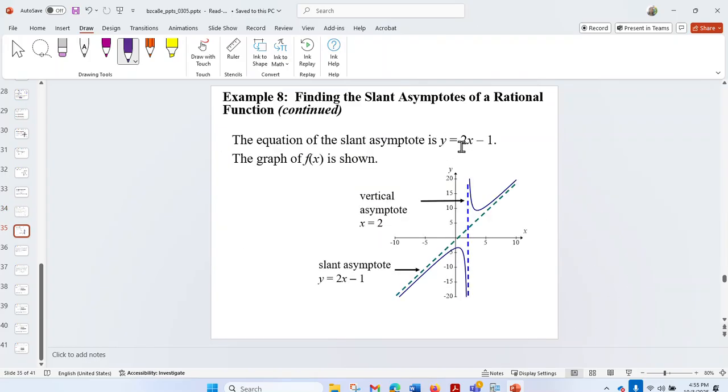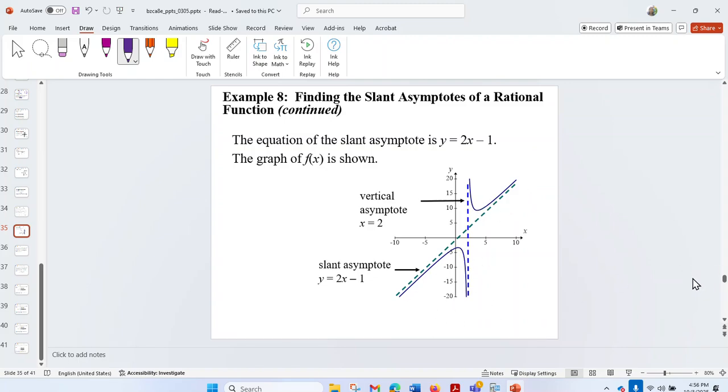And then you can go make the graph. So this line here is a straight line, but it's not a vertical line and it's not a horizontal line, so we call it a slant asymptote. Some books also call this an oblique asymptote. Okay. And then you go do the graphing, so this graph will fit this way in here.